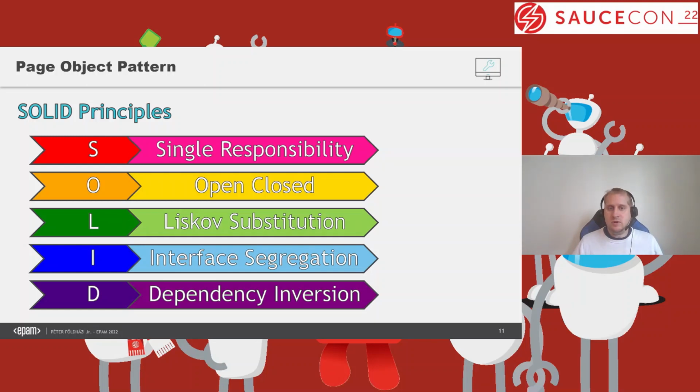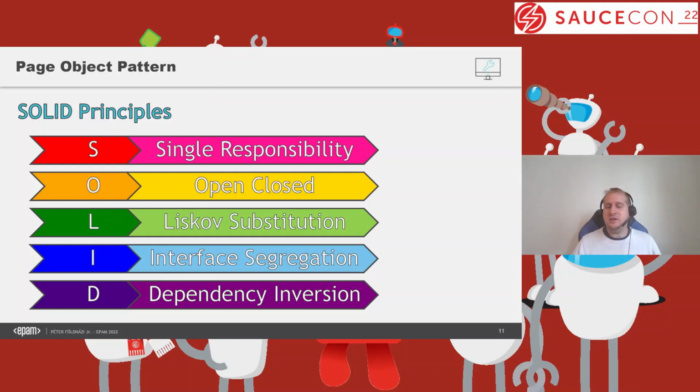And there were some people who were saying that the page object pattern is breaking the single responsibility, the open closed as well, and the YAGNI principle as well. I myself actually would debate that, and I believe that it's only the single responsibility that is being broken. But we can discuss that in the Q&A if you want.